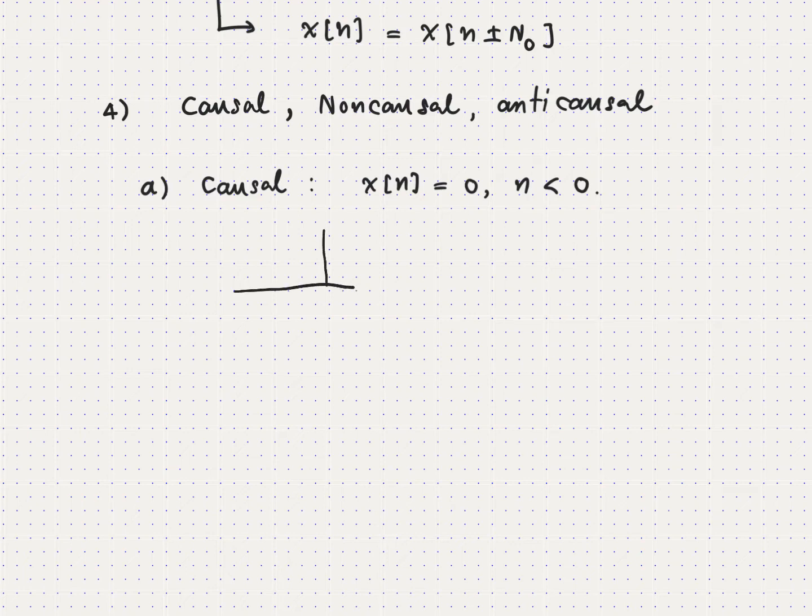You have x[n] equal to something, something, something, but it's equal to 0 everywhere on the left. Sometimes we call this a right-sided signal.